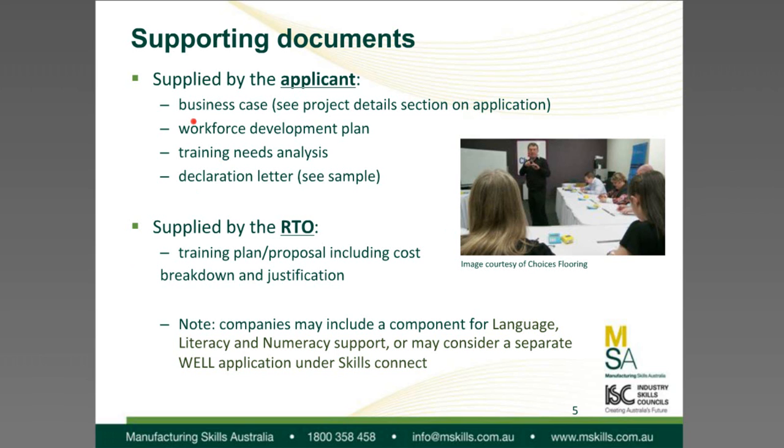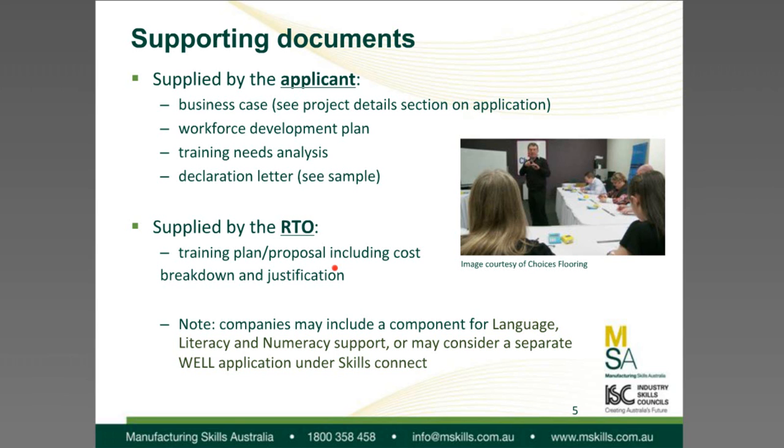So you'll see here we've gone through those 3 or 4 points for our applicant to provide evidentiary support. Now for our RTO. As our poll showed, there's quite a number of RTOs represented today. From you, we will need a training plan and a proposal including a cost breakdown and justification.